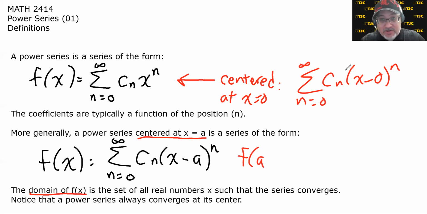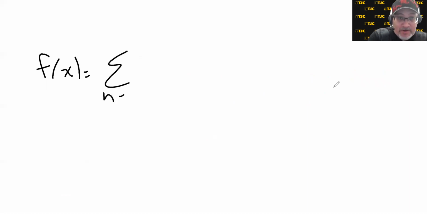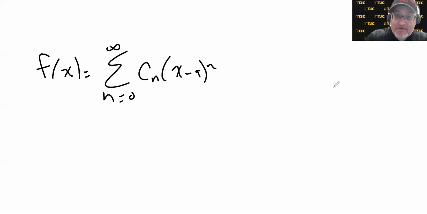well, let's go to the next page to do this. If I put the center into the function, so for example, let's say our function is f of x equals the sum n equals 0 to infinity of some coefficient as a function of the position times x minus a to the n.